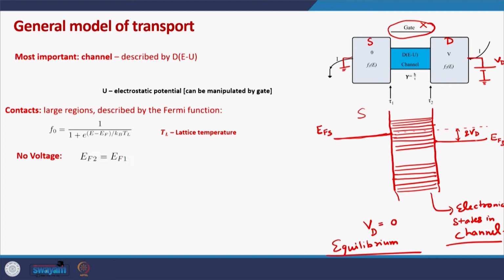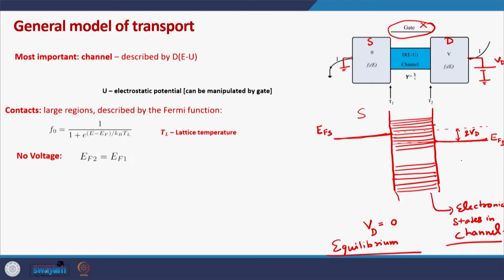That means that it will try to make sure that all the energy levels in the channel up to its Fermi level EFD are filled. So, all the energy levels up to this point are filled. This is what the drain contact will try to make sure.